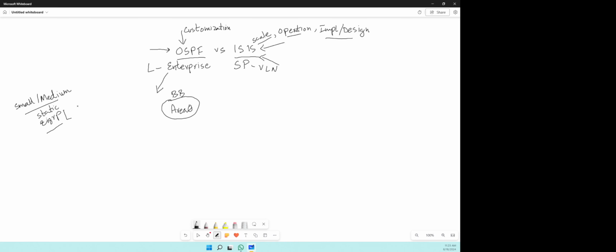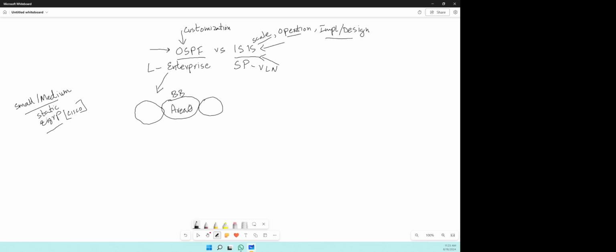Now it's available to other vendors to deploy, and I've seen it in VIOS deploying EIGRP as well. But with OSPF, the backbone area is a requirement if you were to create other areas. Again, we're talking large enterprises with a large number of routers, big networks.